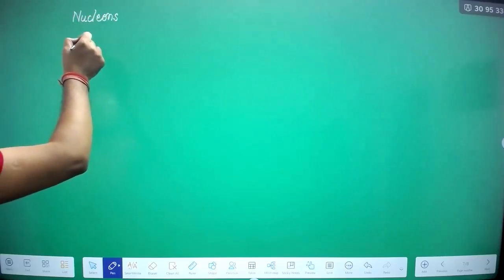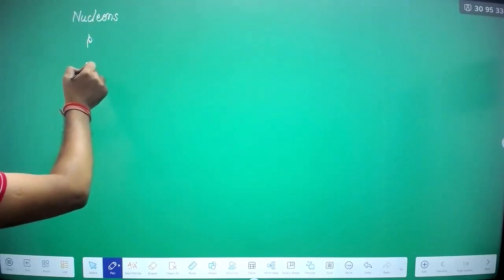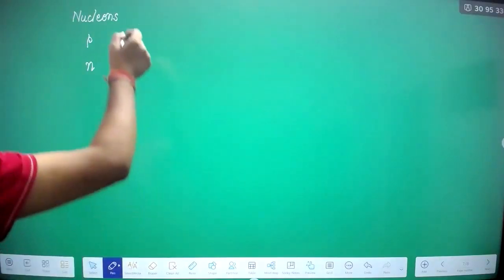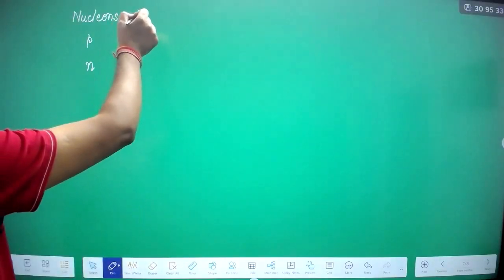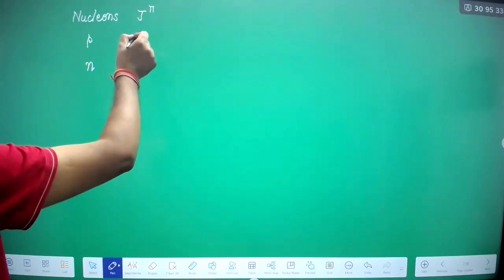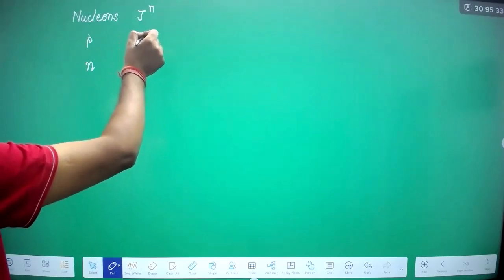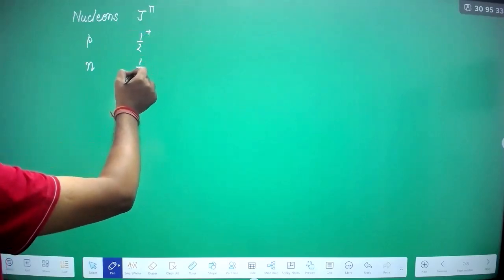One is called proton, another is called neutron. So you can write here nucleons. One is called proton, this is neutron. If you look at this, J^pi is 1/2 plus, 1/2 plus here.